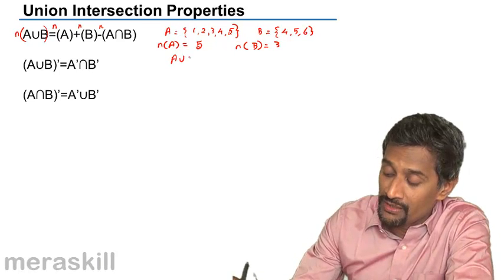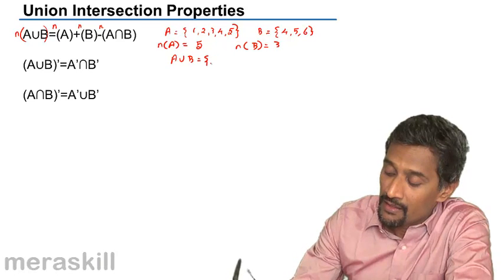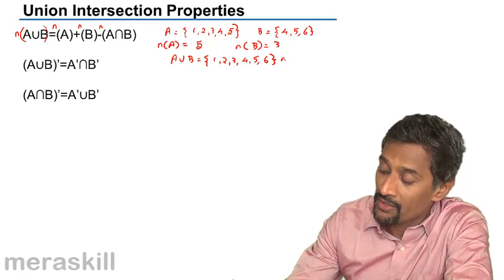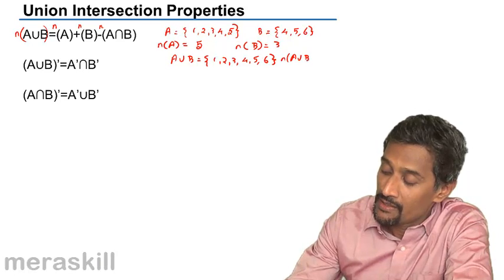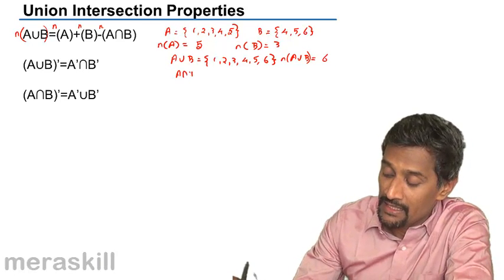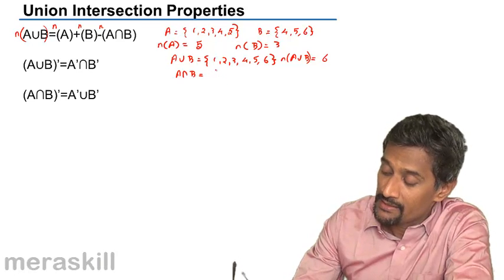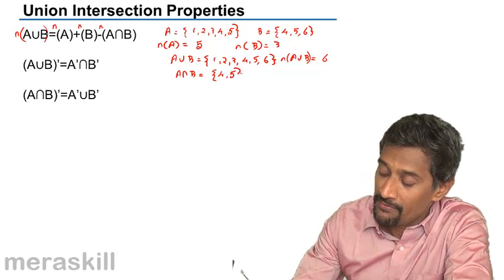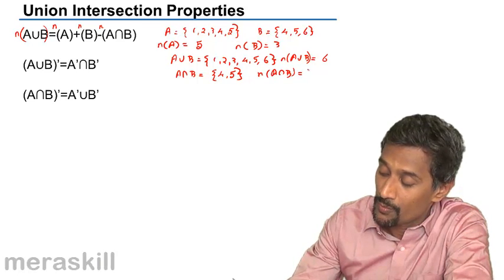A union B is 1, 2, 3, 4, 5, 6. So n of A union B is 6. A intersection B is nothing but 4 and 5. That is n of A intersection B is 2.